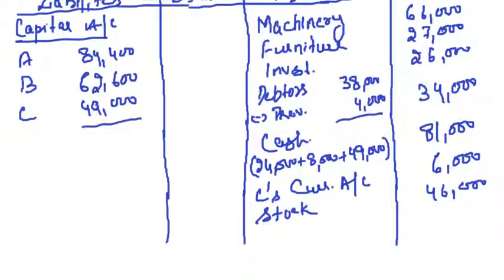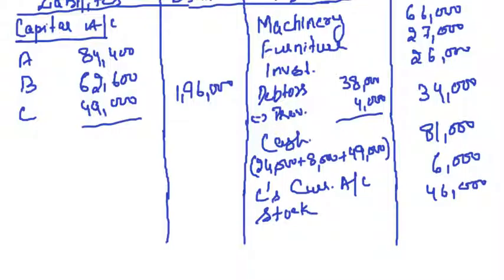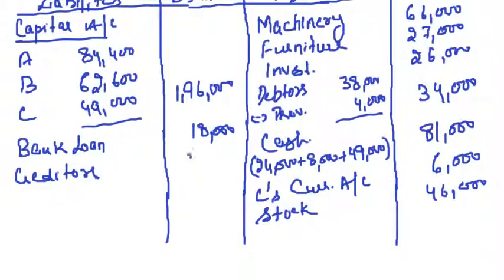So the total comes to 1,96,000. Sir, what else? The reserve we have distributed among the partners. Bank loan, yes sir, it will appear as such. Bank loan of 18,000 and creditors of 72,000 will also appear as such.